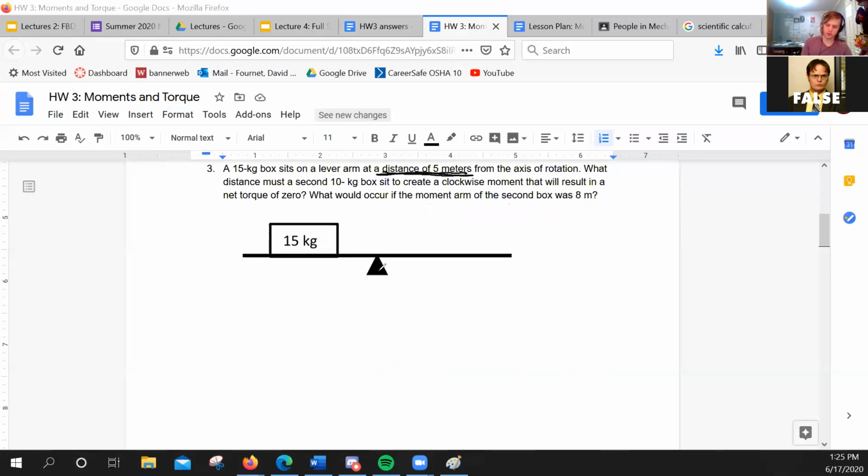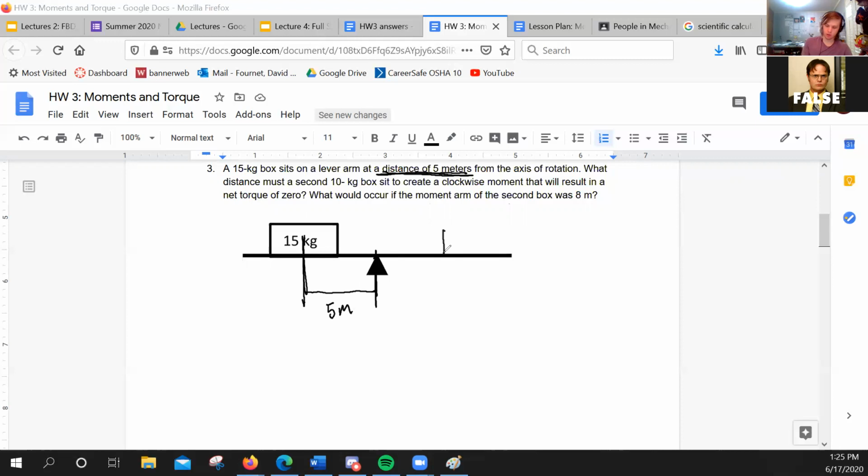So from here out to the middle of the box is 5 meters. Now it asks, what distance must another 10 kilogram box be to keep this thing from rotating?